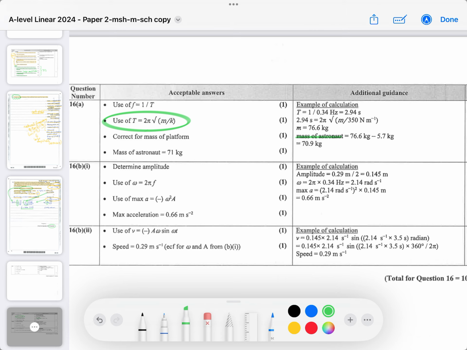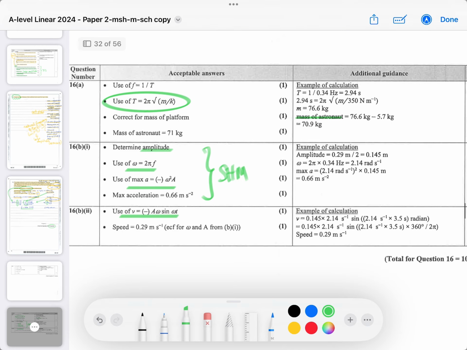And then 16b, we are using amplitude, angular velocity, maximum acceleration. Looks like simple harmonic motion here. And then you do the velocity. Looks like it's maximum velocity. We'll have a look. Okay, so that's what we're doing next.